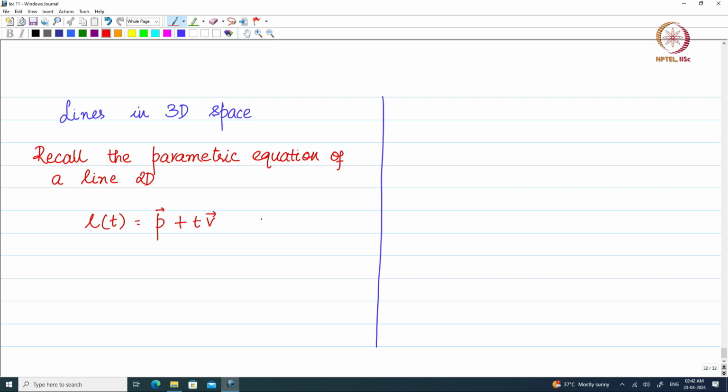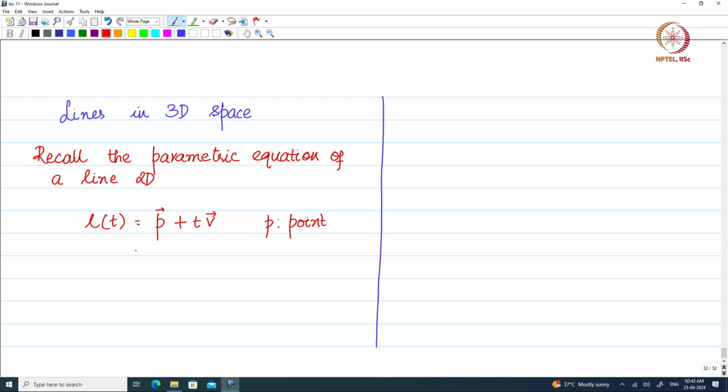P was a point. I hope we remember the difference between the coordinate specific point and the vector v, which is basically a coordinate independent quantity.